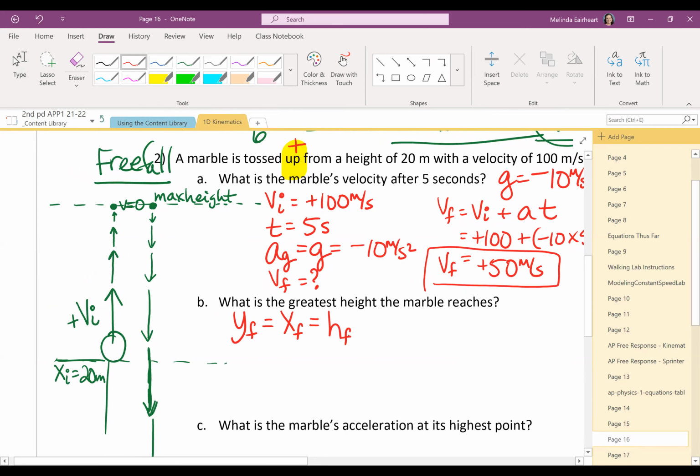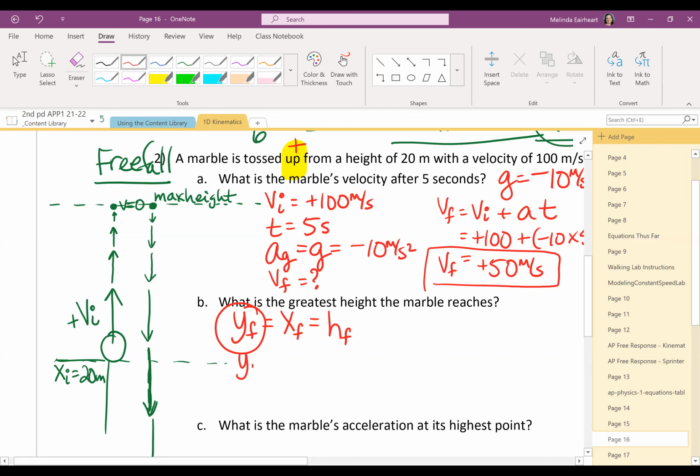But traditionally, as you read books, watch videos, look at review guides, with kinematics, when you're in the vertical, you switch the X to a Y. But since they said height, H is a vertical distance, right? Technically, height is just the distance between 2 points, so it's not really a position. It's more of a scalar distance. But position, Y, is typically used for vertical positions. You don't have to keep with the X.